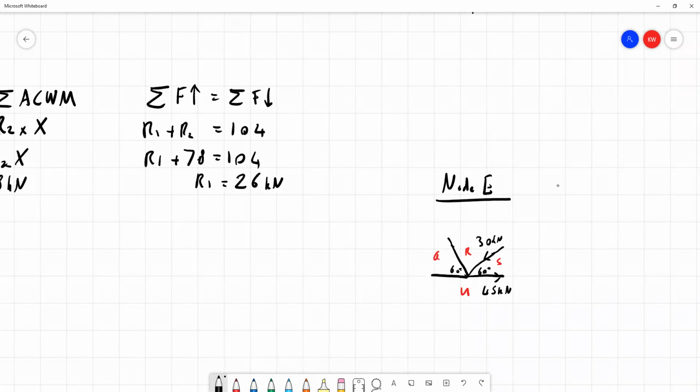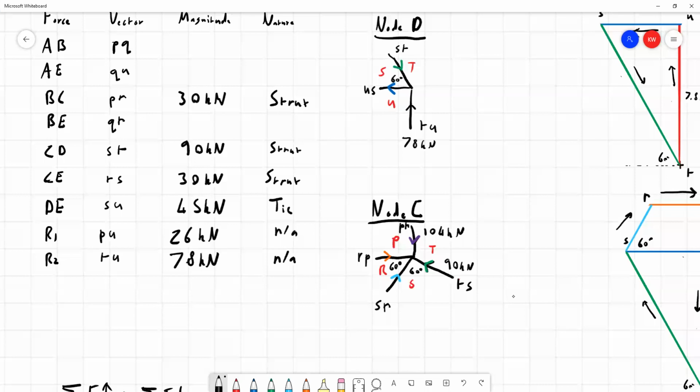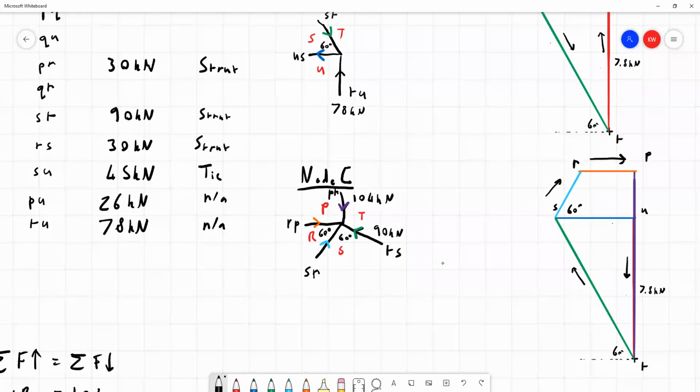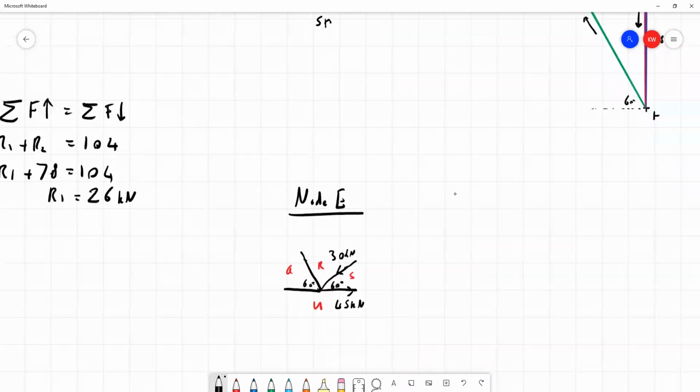If we look at the 30 kilonewton vector between spaces R and S, when we encountered this before, it was acting up the way because it was acting towards node C. Here it's acting down the way, so we're going to give this the name RS rather than SR, because it's acting in the opposite direction. And this is important, otherwise our diagram will begin to become a bit mixed up.